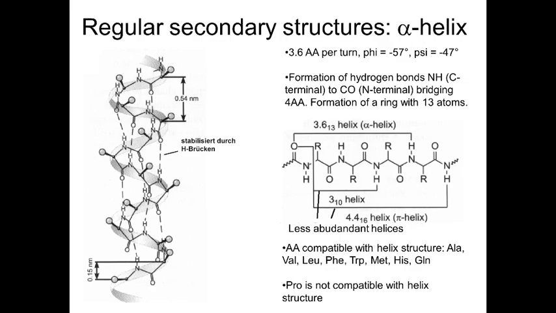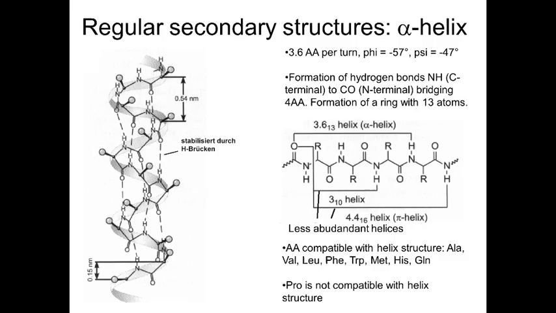In the ideal case, phi adopts an angle of minus 57 degrees and psi adopts an angle of minus 47 degrees. The whole helix structure is held together by hydrogen bonds. Only the last amino acids at the termini are not involved in the hydrogen bond network that stabilizes the helix.